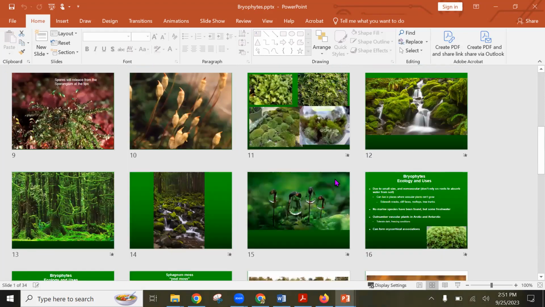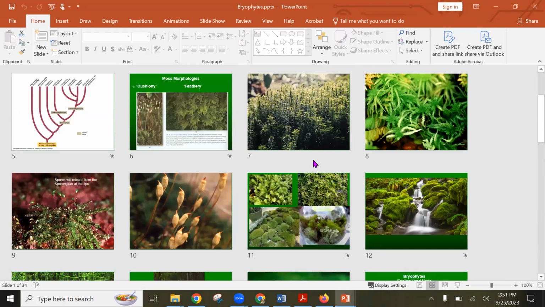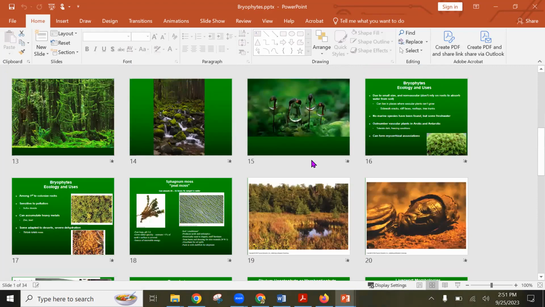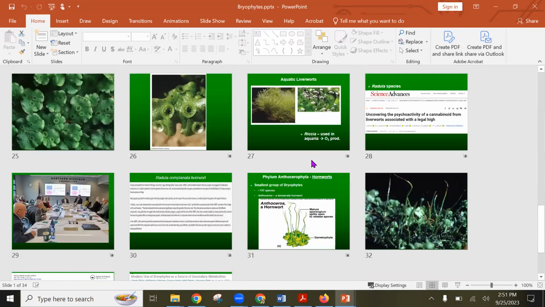So matching what organisms belong in each phylum, and the basic morphology of these 3 groups: mosses, liverworts, and hornworts.